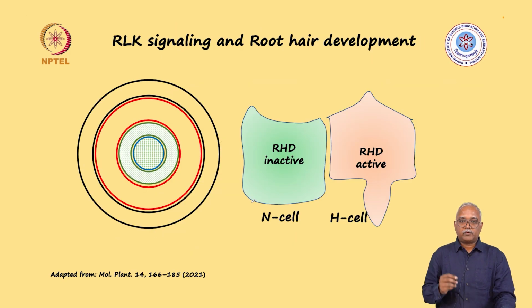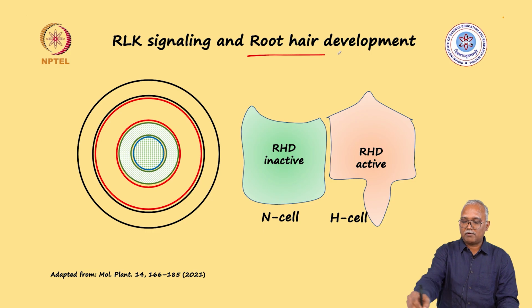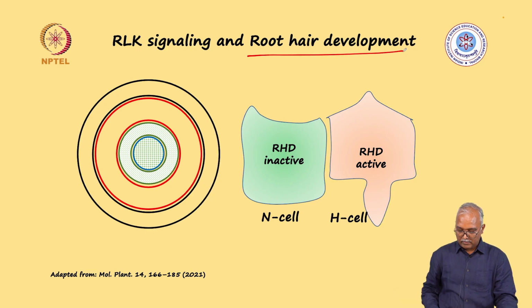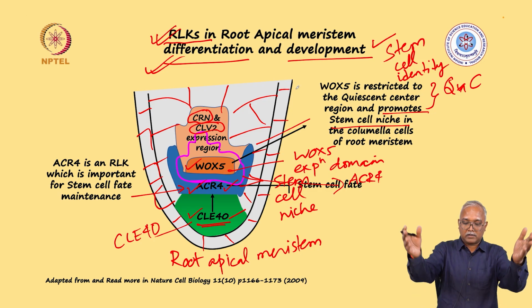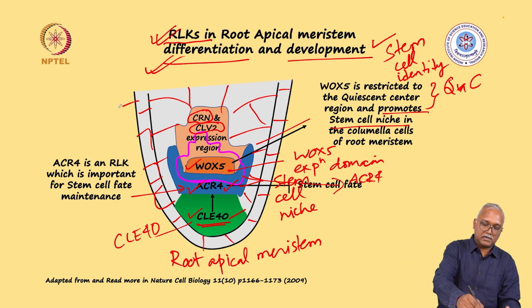Now if you think about another aspect which is associated with root, and that is root hair development. If I go back to the previous slide, this region which you see in the proximity here, not necessarily in the root apical meristem, but on the lateral sides, these are basically the epidermal cells.